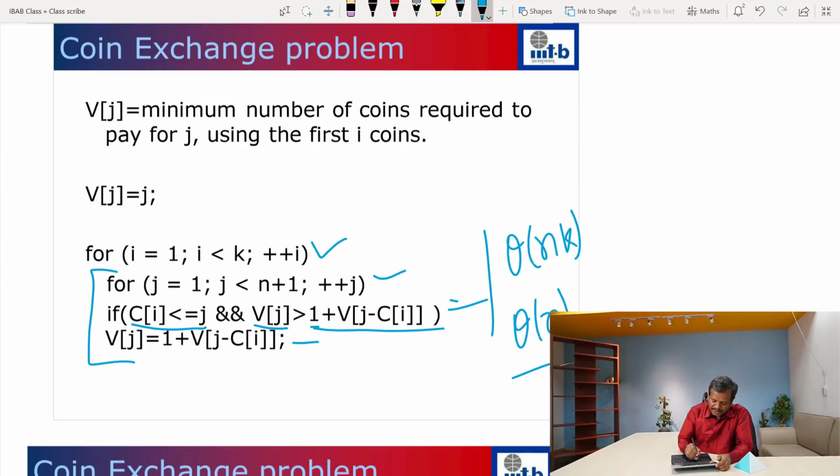The most important thing is to define the table, which we call the state of the dynamic programming, and decide what to store in the ijth entry. In this case, the entry t of i, j was the minimum number of coins required to pay for j using the first i coins. This we define as the state of the dynamic programming.